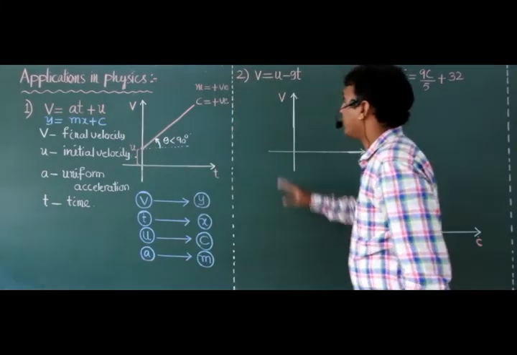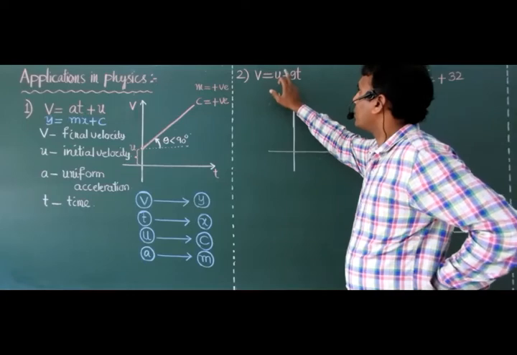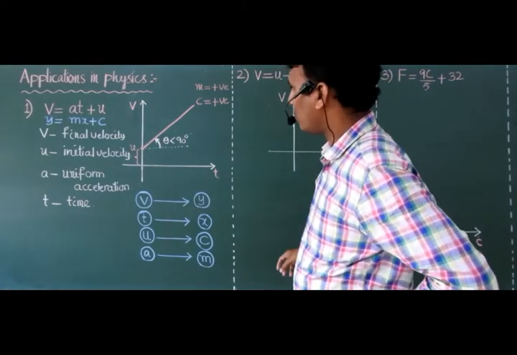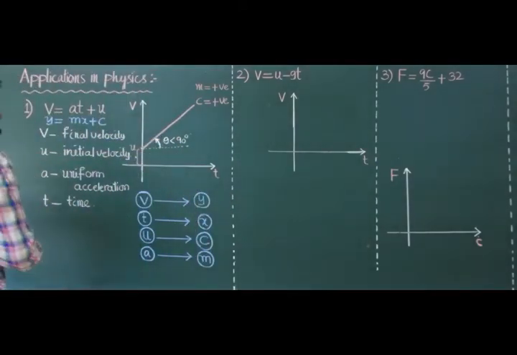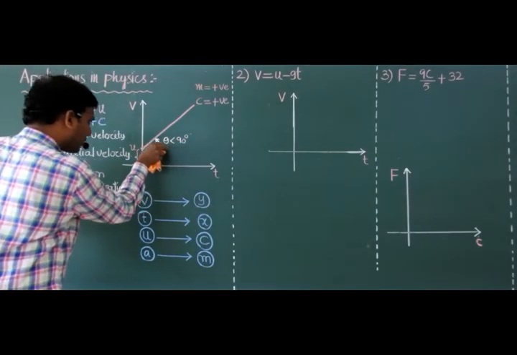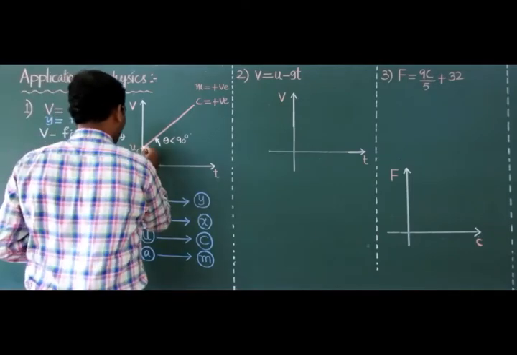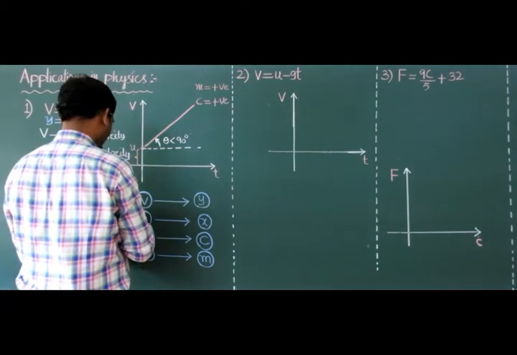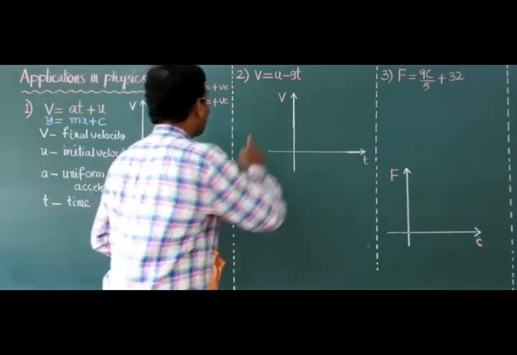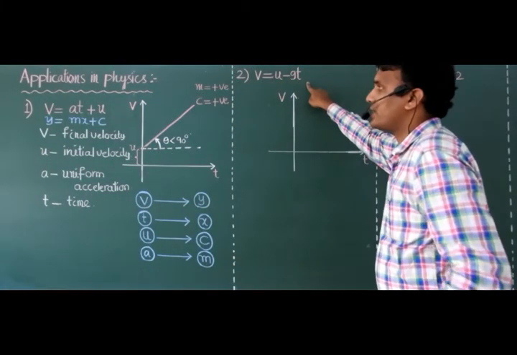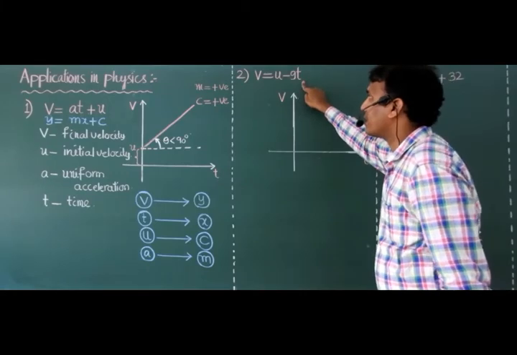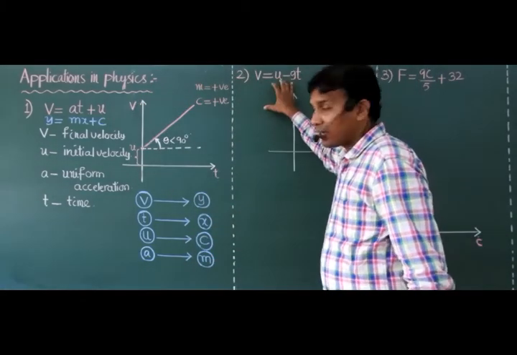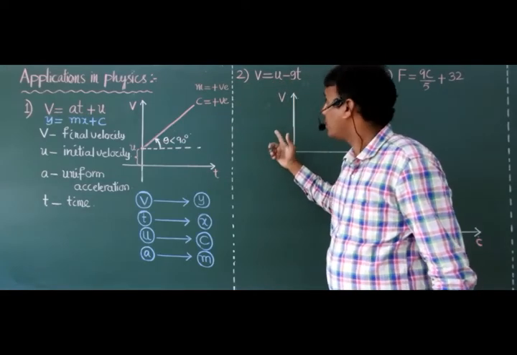Next, V is equal to U minus GT. Wait. I think here it may go across. Okay. Right. V is equal to U minus GT. Yes. It is also similar to this only. Right? But what is the difference, you know?